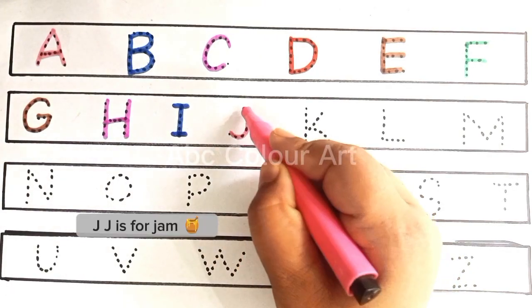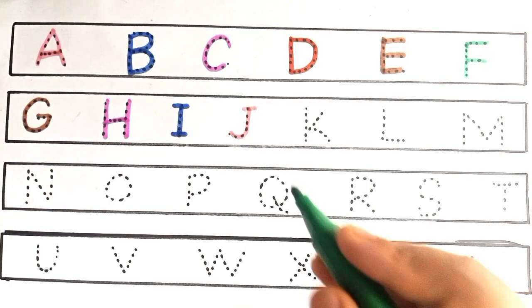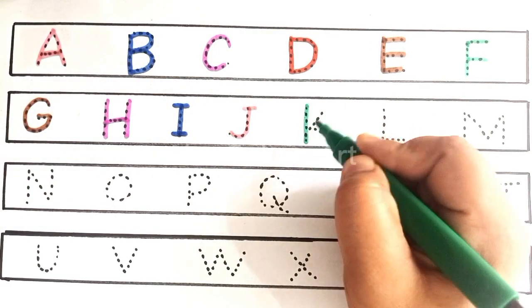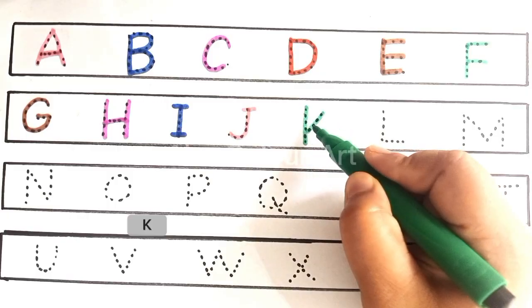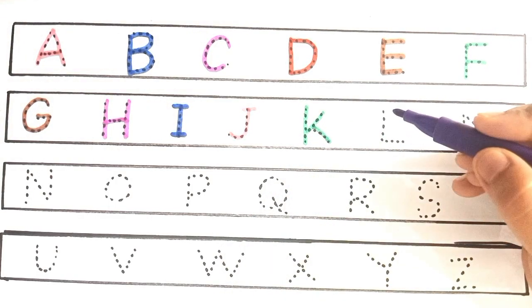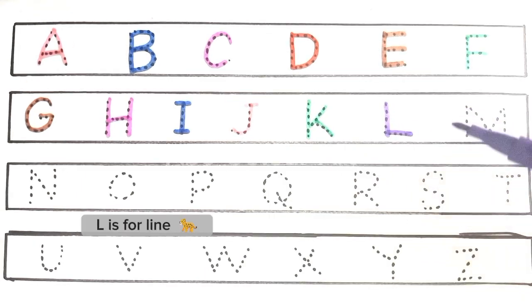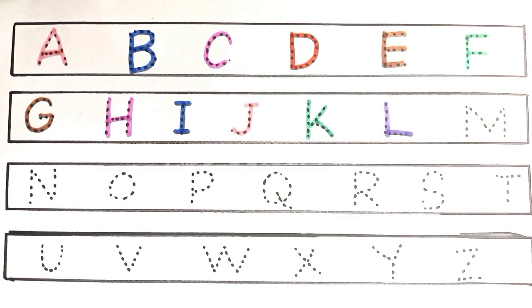J is for Jen. K is for kite. L is for line.